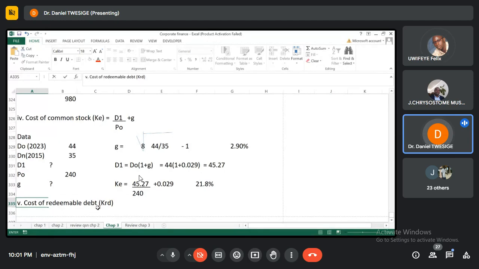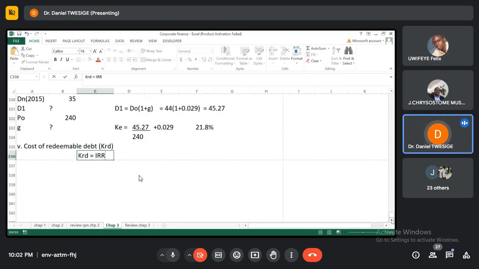Now, how do I get what I need in this one? We need an IRR. So our KRD is the IRR of this debt. So what I need first is the NPV.